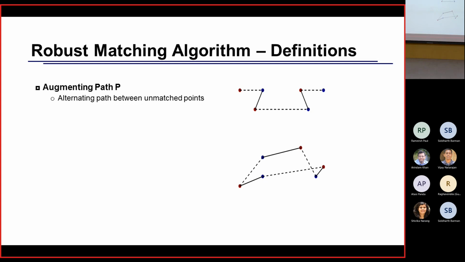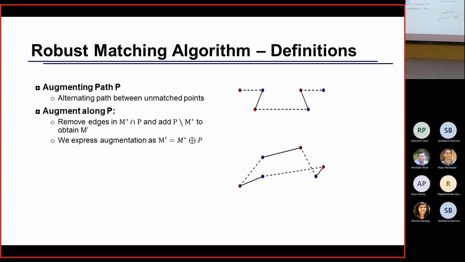And the nice part about augmenting paths is that you can augment the matching along the path, which is basically you can flip the edges. You can remove the 2 matching edges here, and add these 3 to the matching, right? And by doing so, you're increasing the cardinality of the matching by 1. So this is one way to build a perfect matching. Start with an empty matching, find an augmenting path, augment the matching along it. If you keep doing it, you'll end up finding the perfect matching.